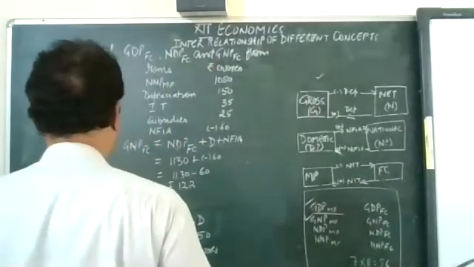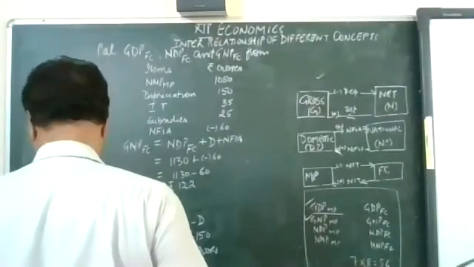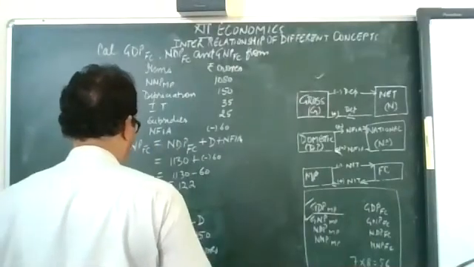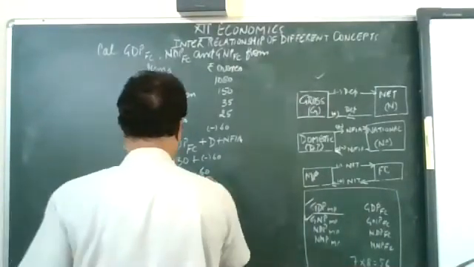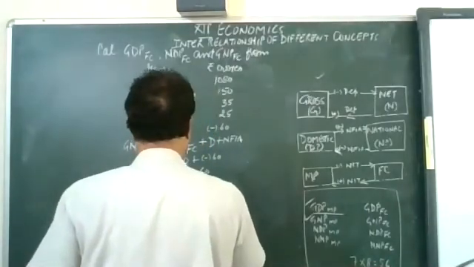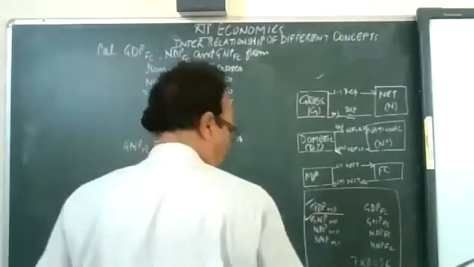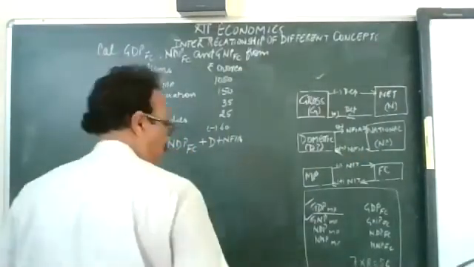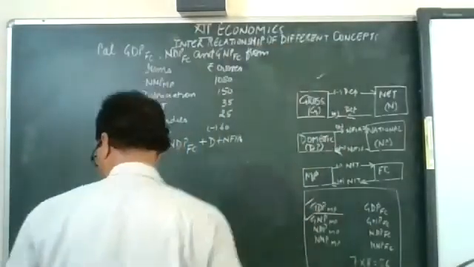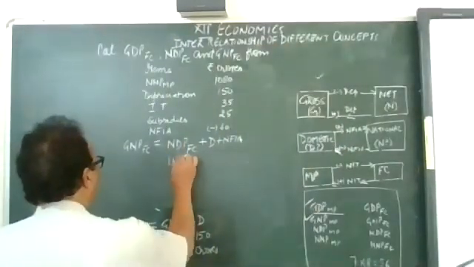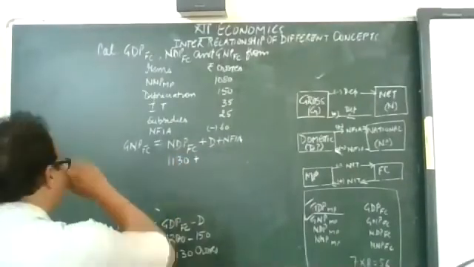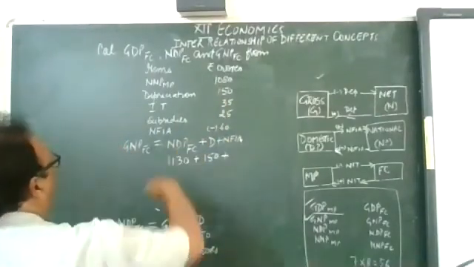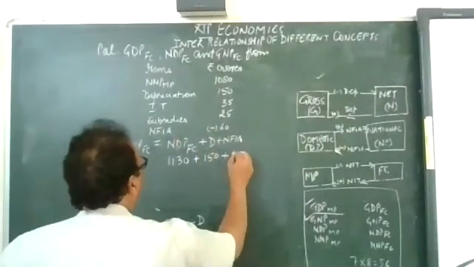GNP at factor cost: 1130 plus depreciation, which was how much? 150, plus what is the net factor income from abroad?